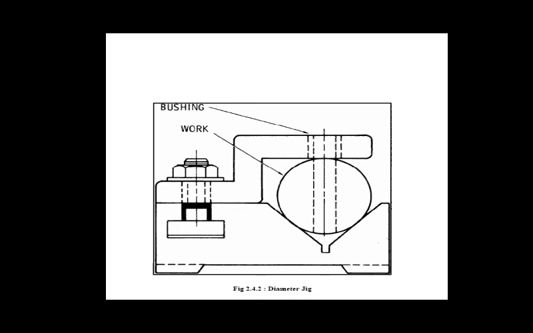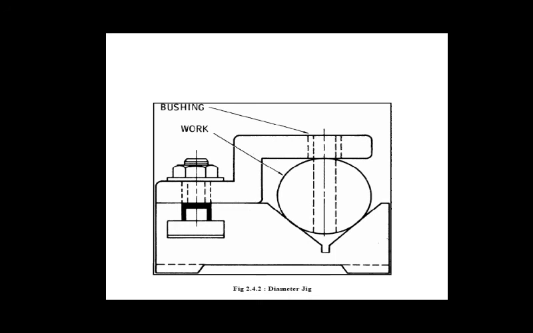So today we have seen the introduction to jigs and fixtures, the uses of jigs and fixtures, important considerations while designing jigs and fixtures, elements of jigs and fixtures, and types of jigs.